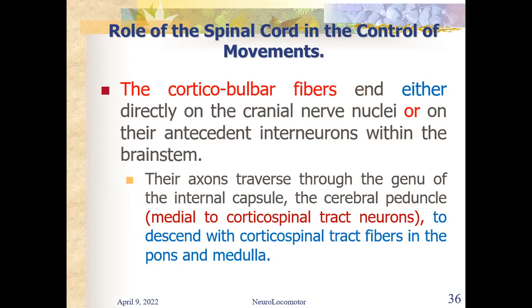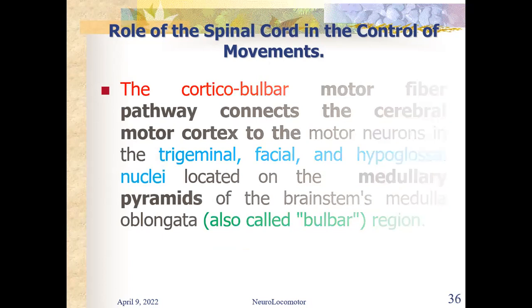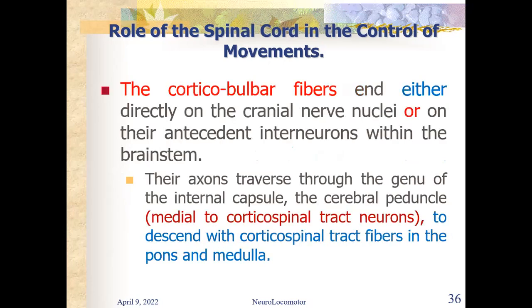So the corticobulbar fibers end either directly on the cranial nerve nuclei or on the antecedent interneuron before the interneuron links to the cranial nerve nuclei, maybe the cranial nerve nuclei of the trigeminal nerve, facial nerve, hypoglossal nerve, and so on. This is now the pathway of the corticobulbar tract.